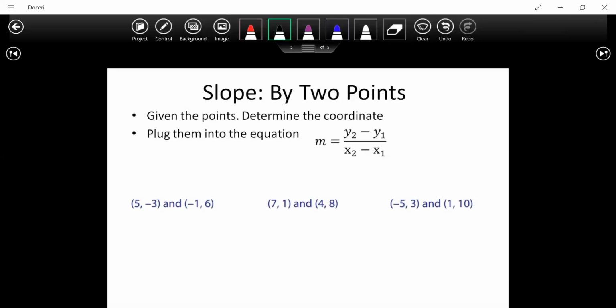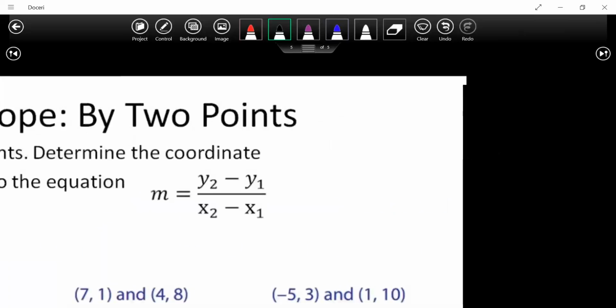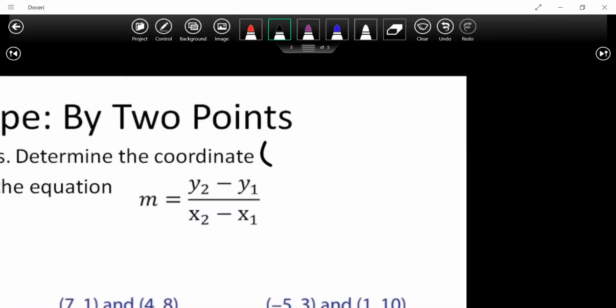Okay. The way that you want to do this is given the points, determine the coordinates. Our coordinates are going to be as follows: X1, Y1, and X2, Y2. Those little subscripts just tell you what points there are. We have point number 1, point number 2.